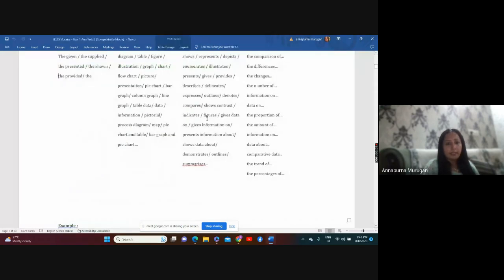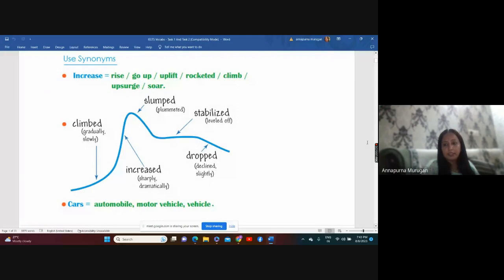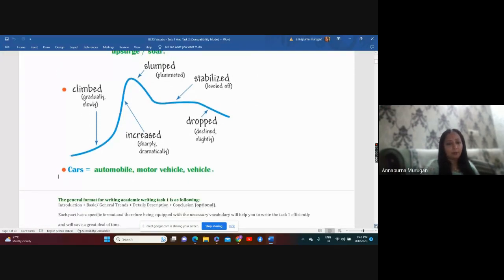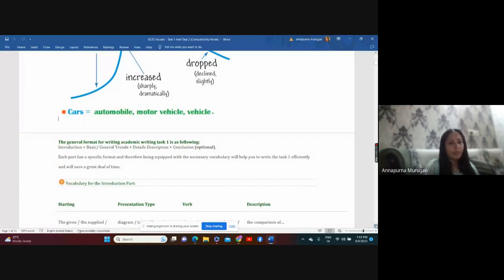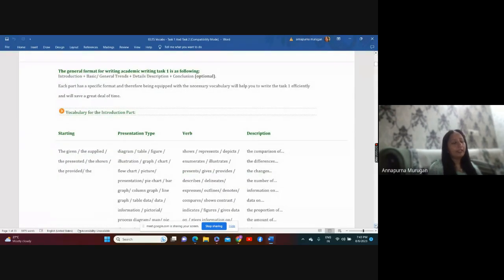Now, starting off with the introductory sentence is a major problem, isn't it? We always have this problem of how to start off with the idea. In the introduction, we need to have two sentences.